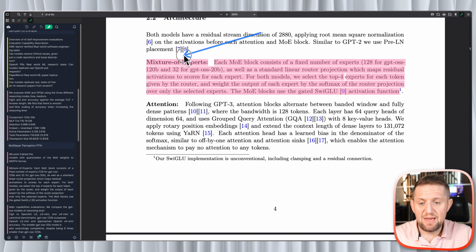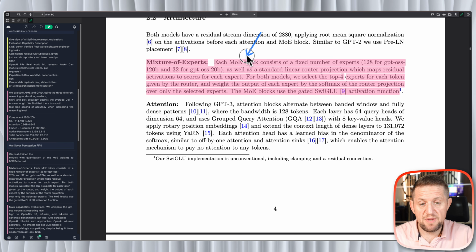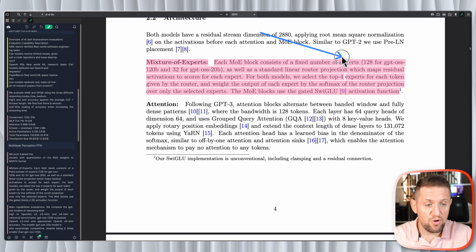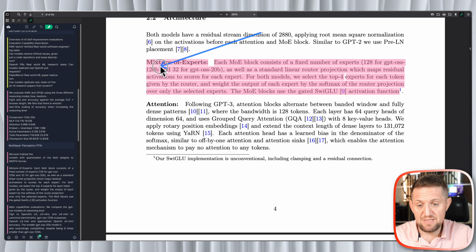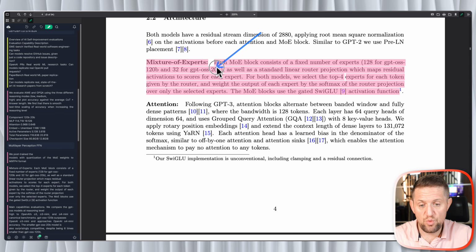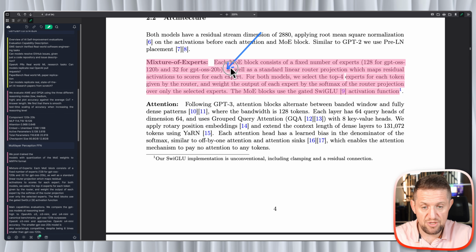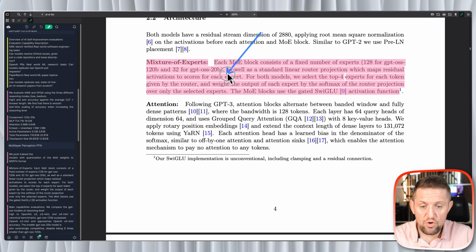Again, this is a mixture of expert type of model, and each mixture of expert block consists of a fixed number of experts. So 128 for the 120 billion model, and 32 experts for the 20 billion parameter model, as well as a standard linear router projection, which maps residual activations to a score for each expert.